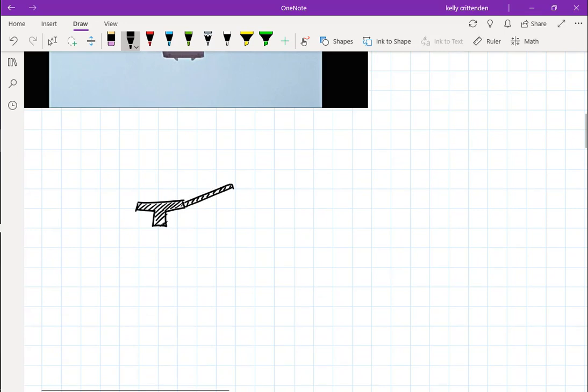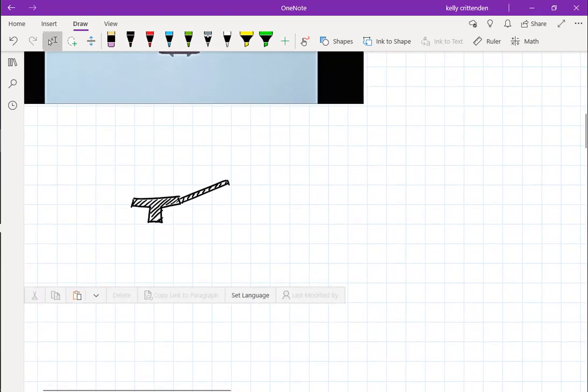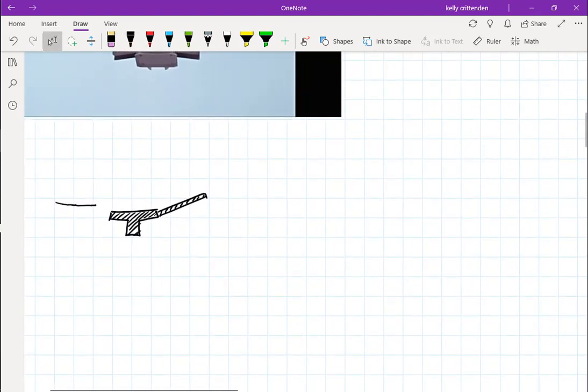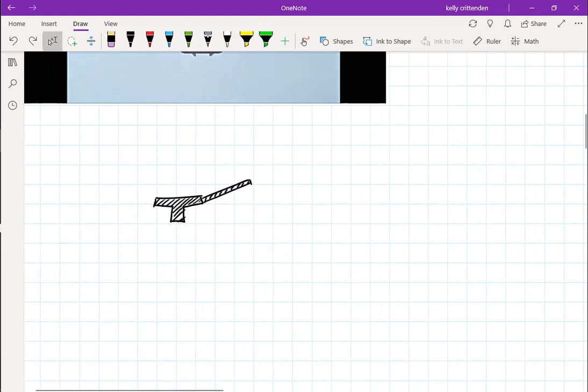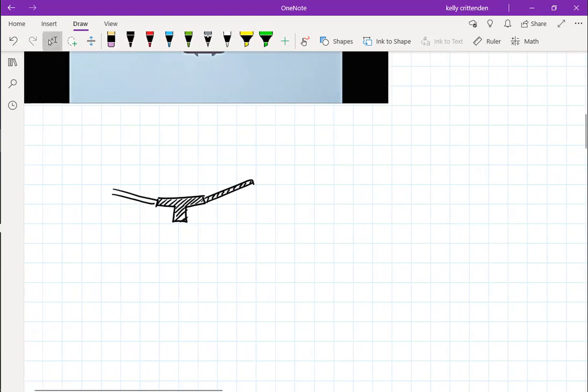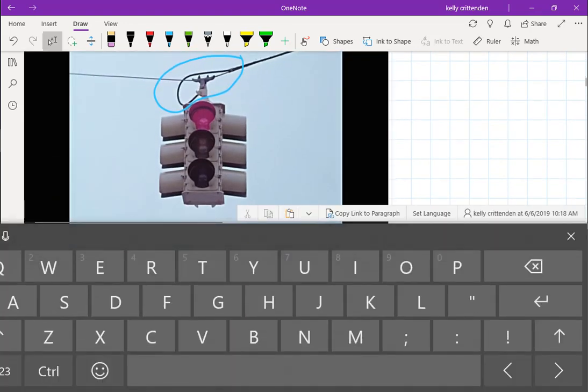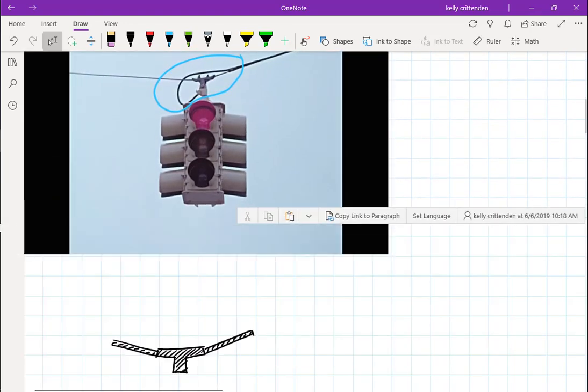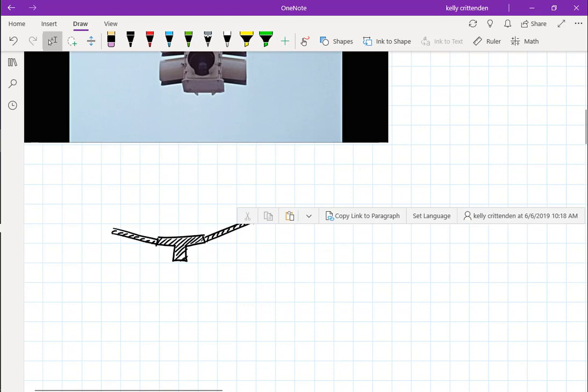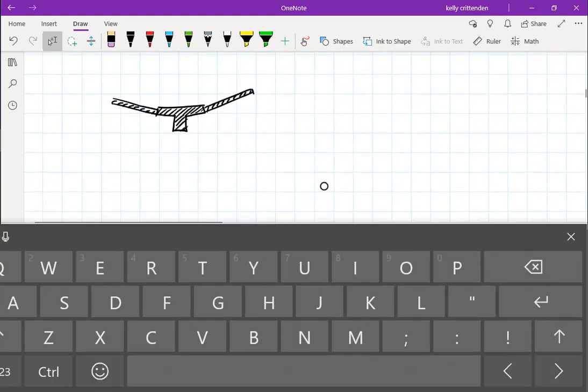Again, it doesn't have to be super accurate. And then there's something at the bottom there where it's connected to the traffic light itself. We'll kind of ignore that. All right.